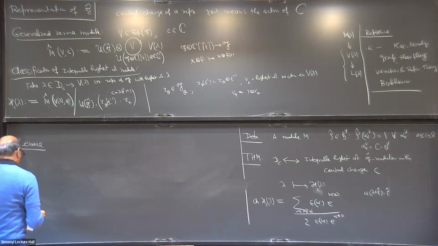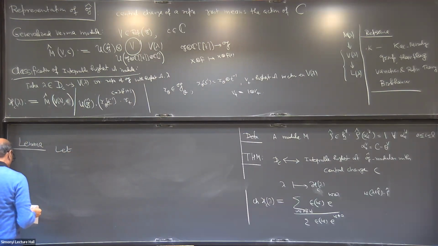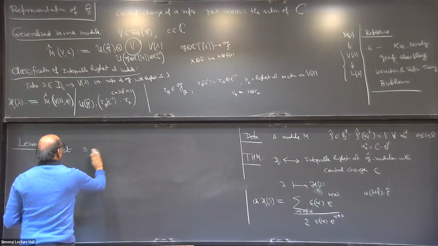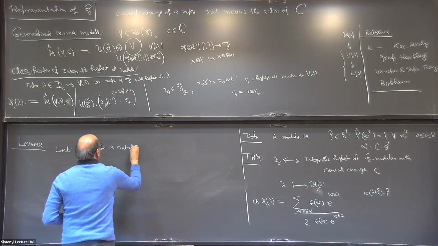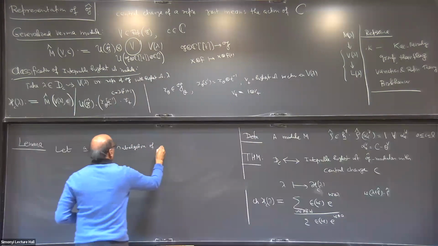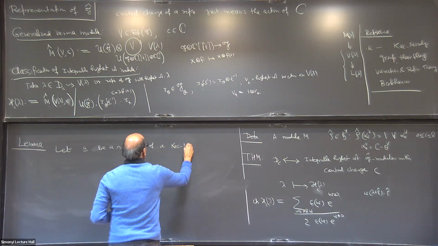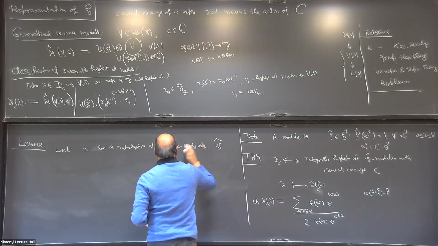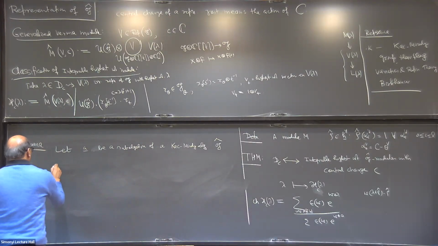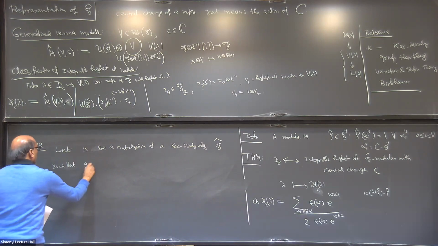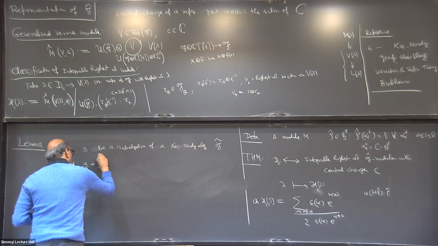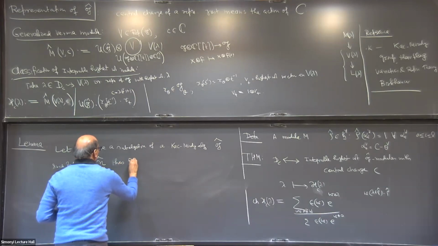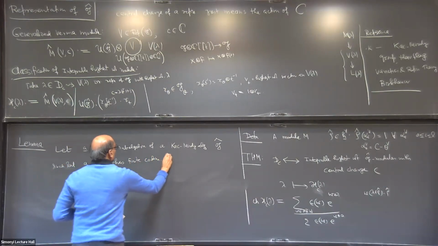Okay, so let A be a subalgebra of a Gauss-Moody algebra, I'm just going to write it G hat, such that A plus n hat has finite codimension in G hat.